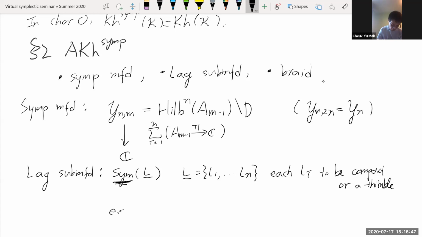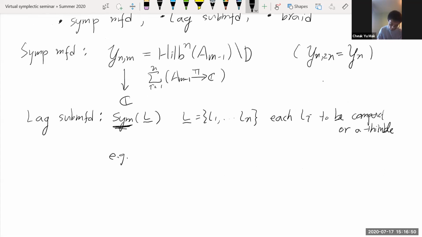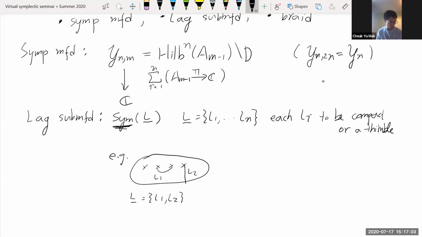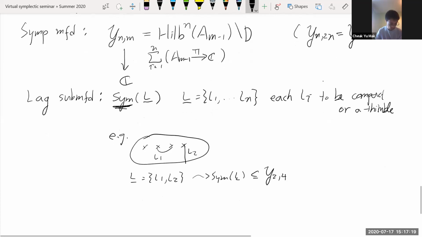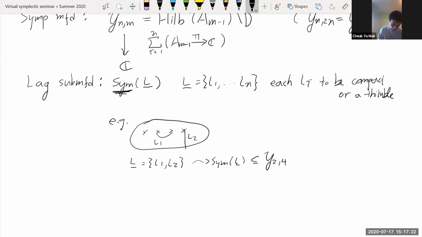So for example, if we define this is L1, this is L2, we have a collection of two pairwise disjoint Lagrangians. And then the corresponding Sym L will define a Lagrangian inside Y_{2,4}.